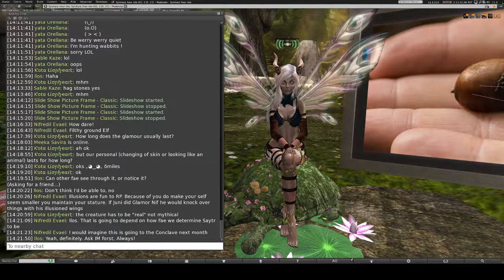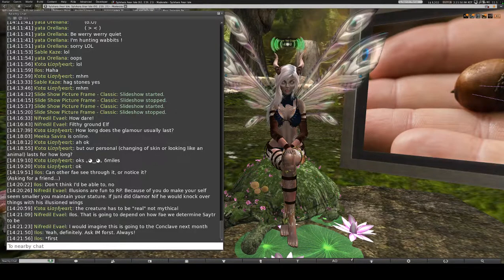Yes, especially since there are so many different things. There's glamour, and then there are people in disguise, like the rogues, for instance, or somebody who has an illusion on them. I know that Sia has put illusions on Junie so that her glamour is not able to be seen through, especially by mages, to make sure that the RP could be properly played, whatever it was we were doing.